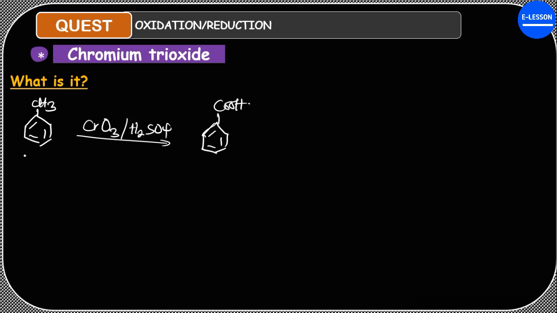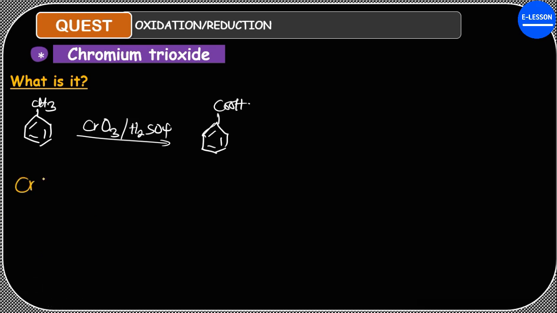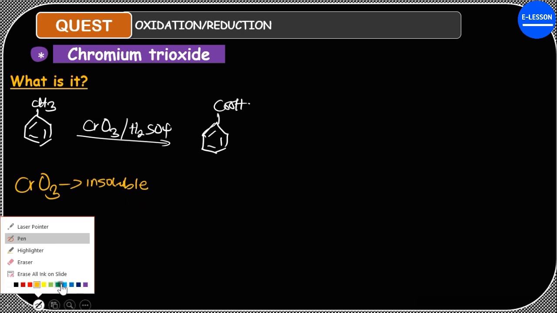So let us talk about chromium trioxide. What is it? It has the formula CrO3. Now, chromium trioxide is a strong oxidizing agent that is insoluble in most organic solvents.